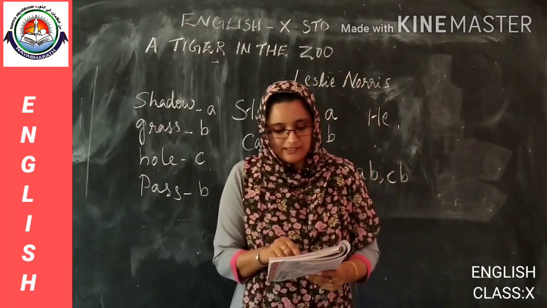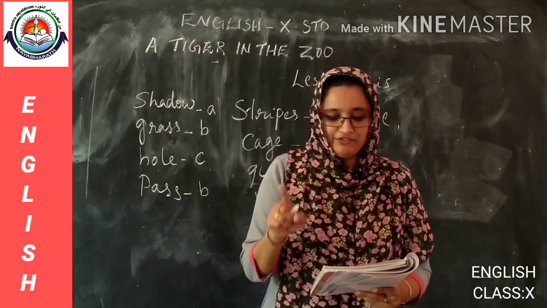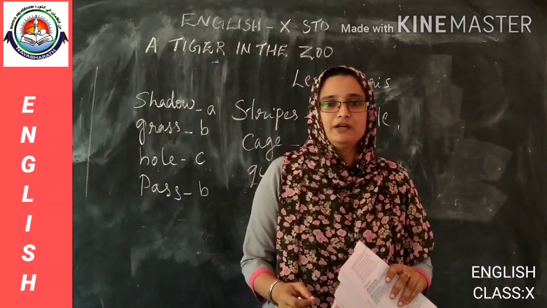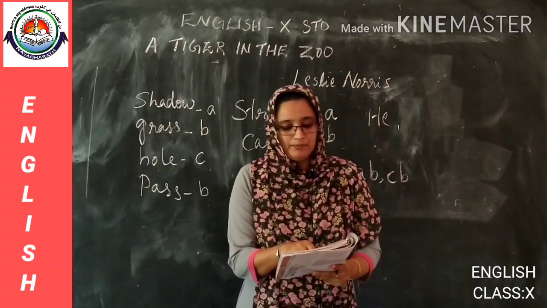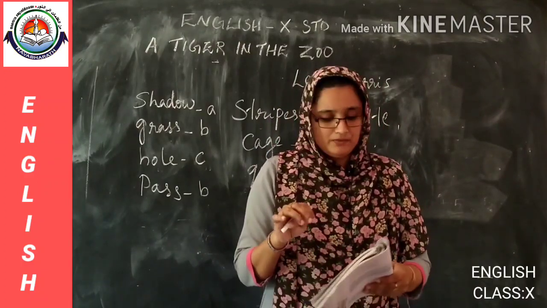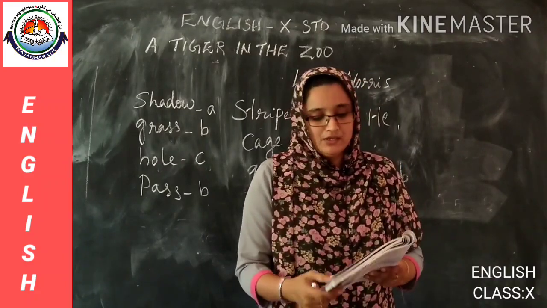What's the second one? Metaphor. One metaphor is there. Can you see it? What does metaphor mean? Comparing two things. Here, on pads of velvet, the pose of the tiger is compared with velvet.